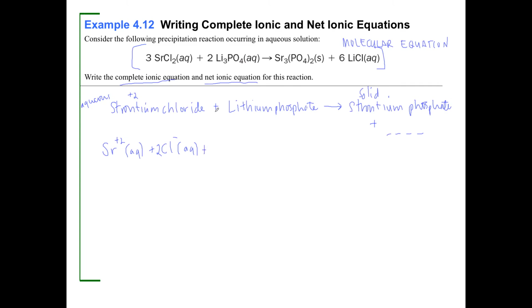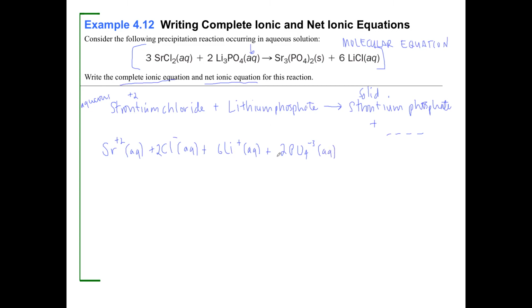Added to, it looks like there's 6 lithium ions, and they're aqueous. And it looks like there's 2 phosphate ions, PO4 3−. And those are aqueous.